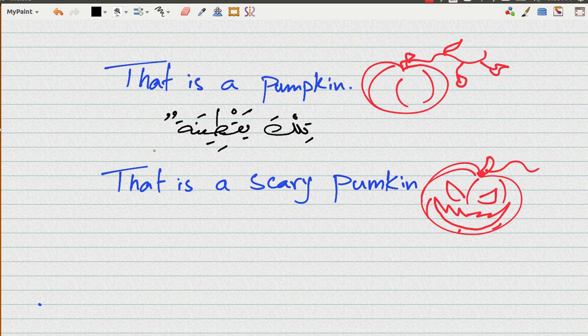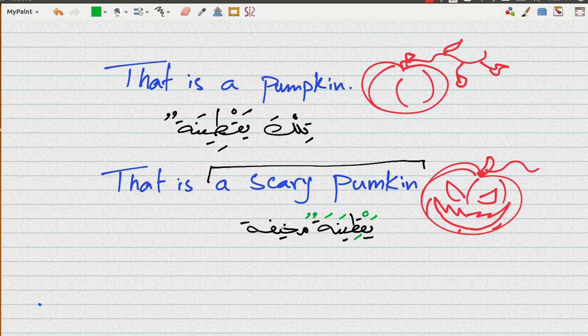Now if I want to say that it's a scary pumpkin, that is a scary pumpkin, first you have to translate a scary pumpkin. Translating this to Arabic is basically saying يقطينة مخيفة.